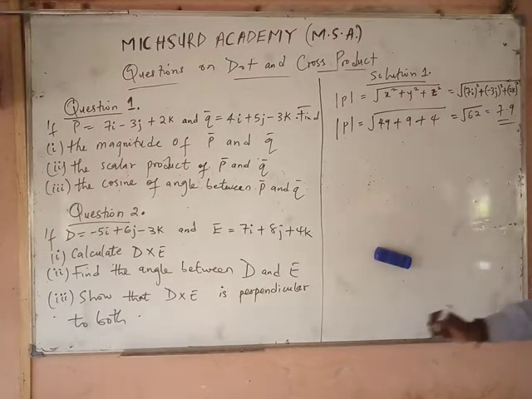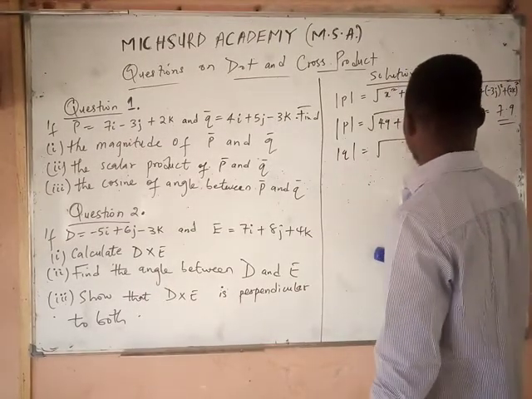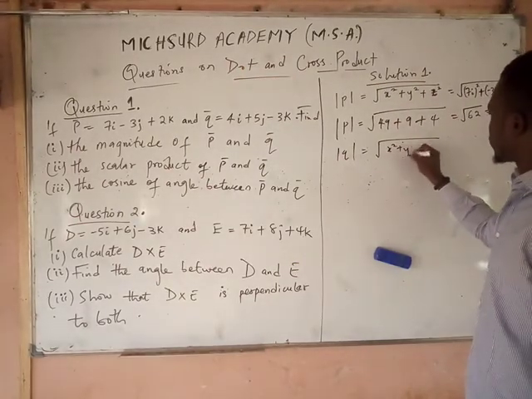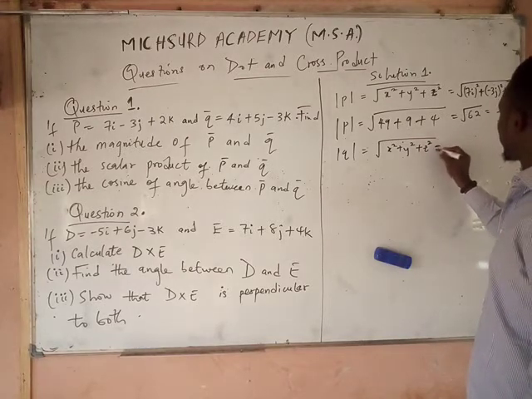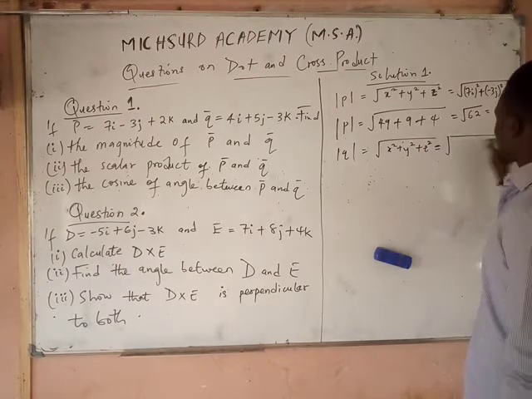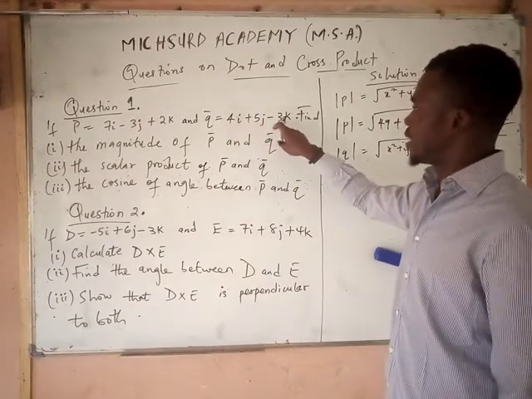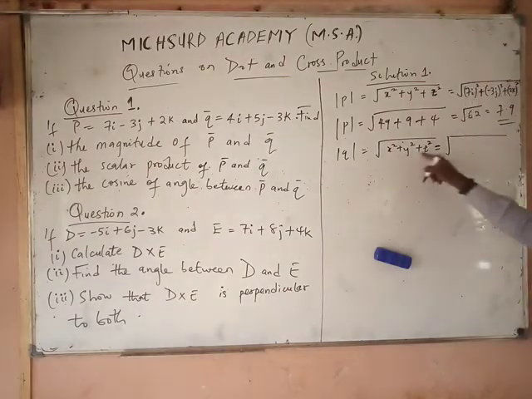Alright. Now the magnitude of Q will be equal to the square root of, we are still using the same formula, x squared plus y squared plus z squared. So we go to the vector Q, we have 4i plus 5j minus 3k, right? So we make our substitution for the respective positions.